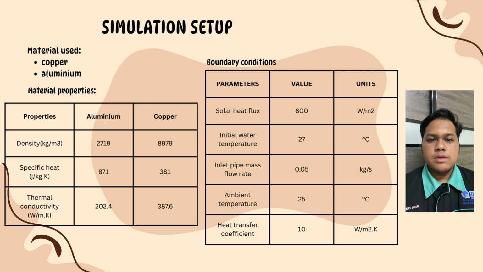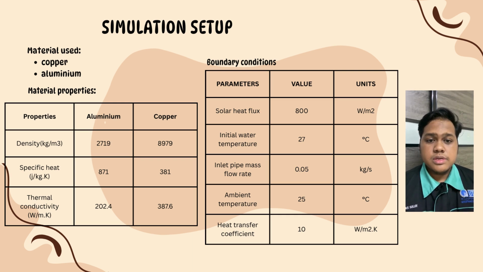Good day everyone. In this simulation, we use two materials, copper and aluminium. To analyze heat transfer performance, the material properties such as density, specific heat and thermal conductivity are shown here. As you can see, copper has a much higher thermal conductivity than aluminium, which suggests it can transfer heat more efficiently.